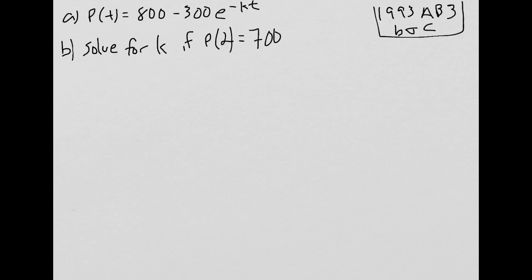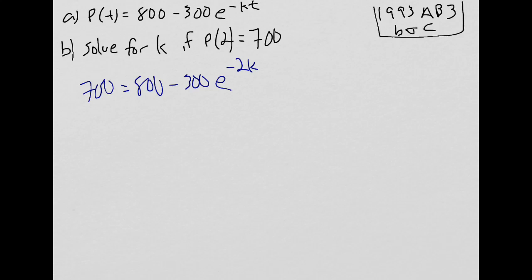So I'm just going to fill in 700 here, and then t is 2. So I'm going to go 700 equals 800 minus 300 e to the minus 2k.